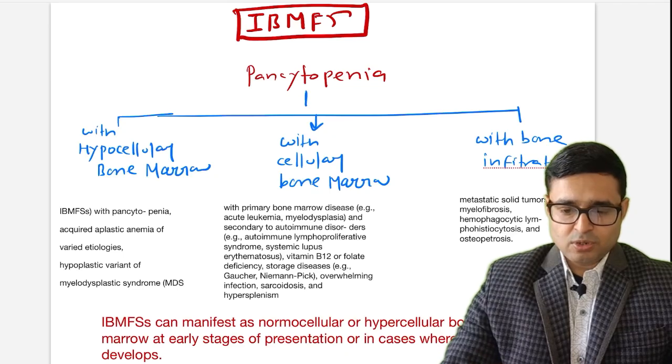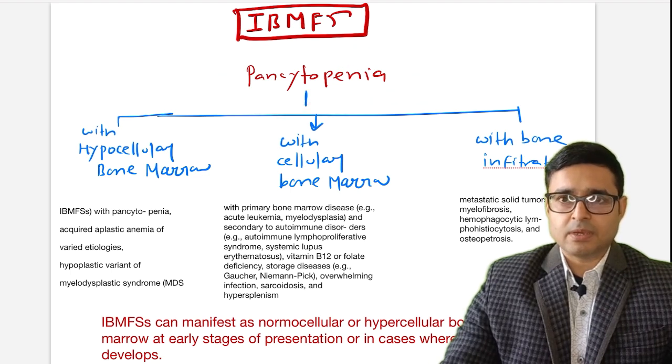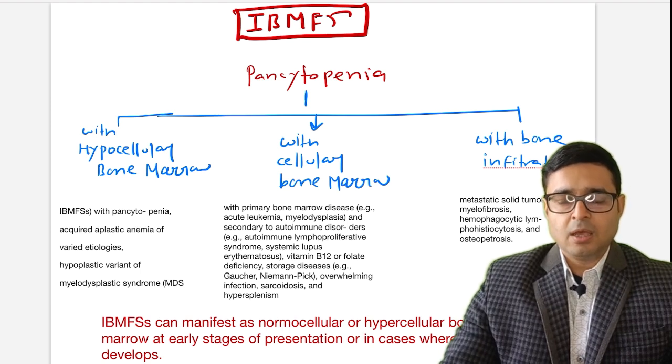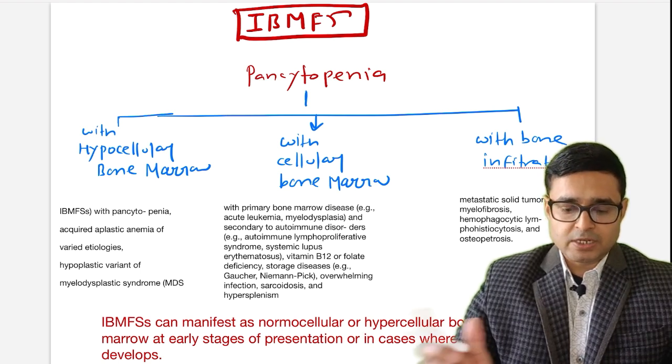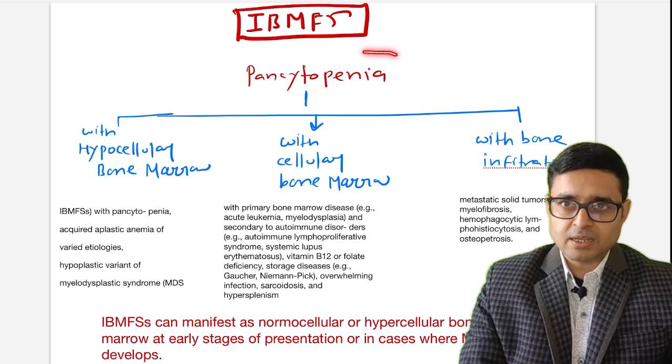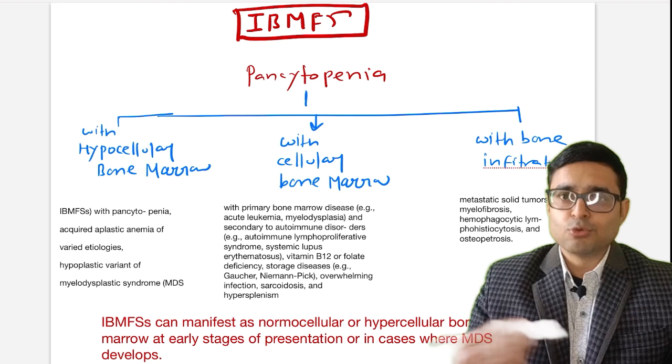Okay, so as you can see, pancytopenia is the major thing when this can be thought of, or the DDs of pancytopenia. This is the approach we will use. If pancytopenia is there in the peripheral blood smear, do a bone marrow.